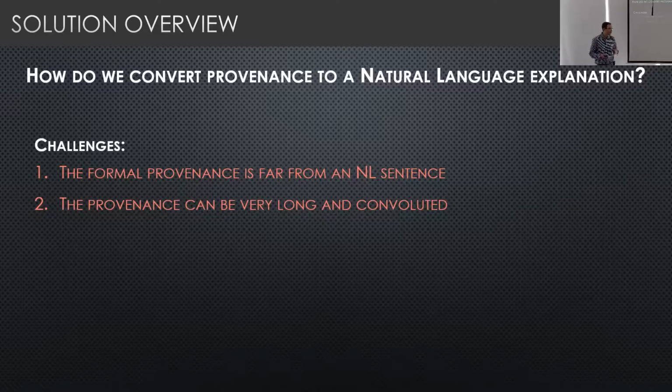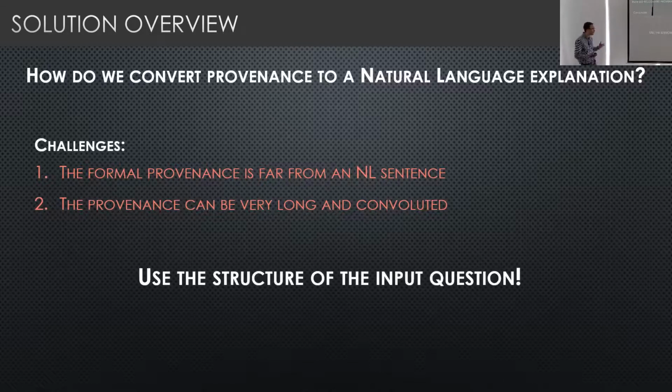And we use the structure of the input question to tackle both challenges. For the first challenge, we use the structure of the input question as the basis for the structure of the explanation. For the second challenge, we shorten the provenance by factorizing it using algebraic factorization and use the structure of the input question as a criterion for generating only factorizations that are suitable for natural language explanation generation.